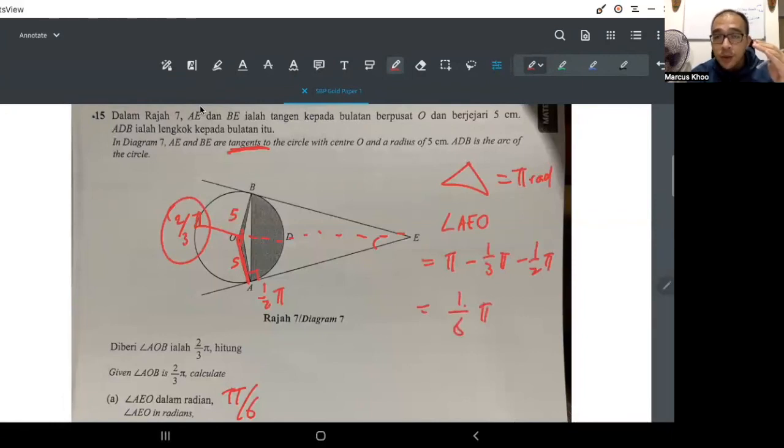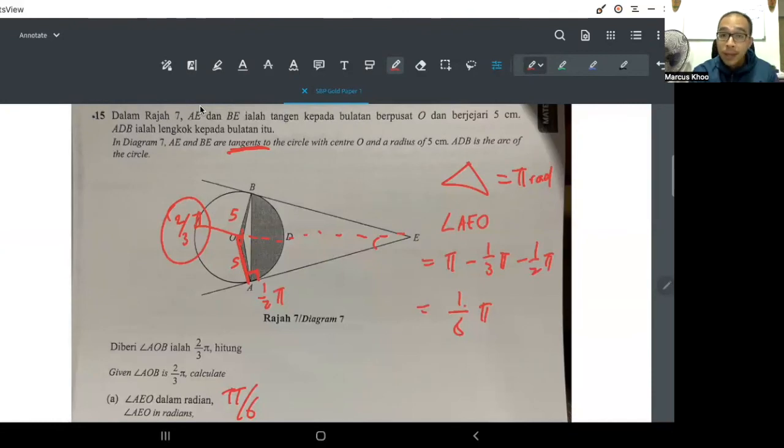I repeat now, 180 degrees is also equal to pi radian, which is 3.142. But I'm just going to use pi because I'm lazy to write 3.142. No need to write 3.142 also. If you leave your answer in pi, it is totally fine. So pi is 180 degrees. The tangent forms a 90-degree angle. So 90 degrees is half pi.